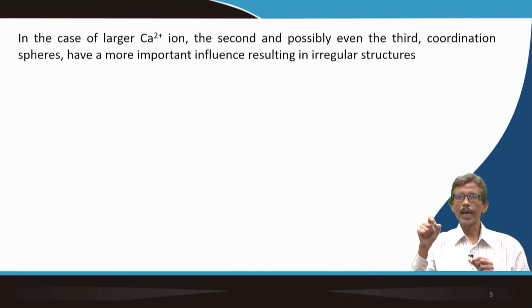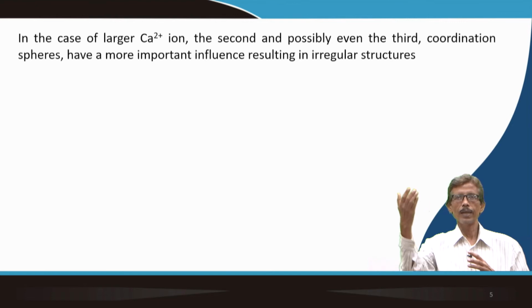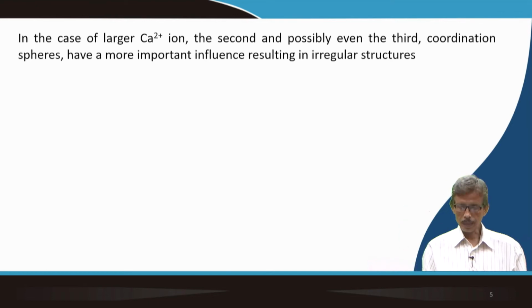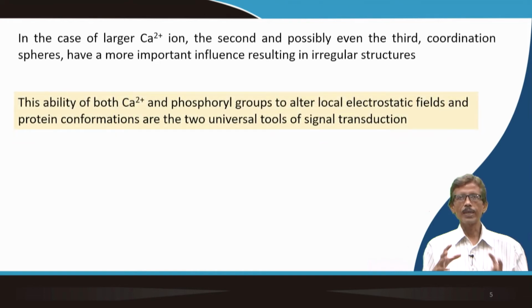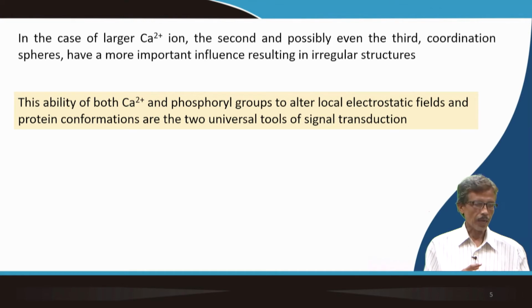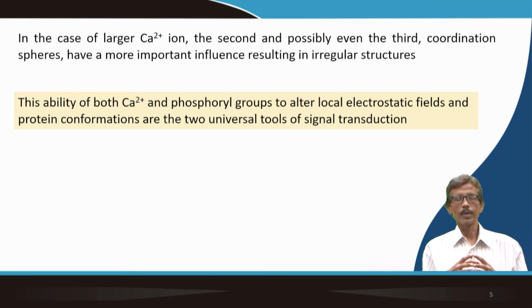So, that can interact with some available nitrogen site of the nucleobase or any other base material. So, you can have another hydrogen bonding network basically. So, that can also be considered in another level, which can be considered as the third coordination sphere. So, you can stabilize that irregular structure in that fashion, not only the primary coordination, but you can have the secondary coordination as well as the third coordination environment.